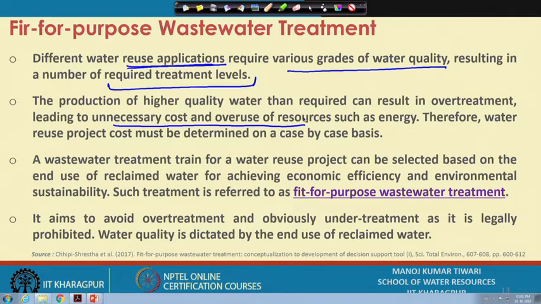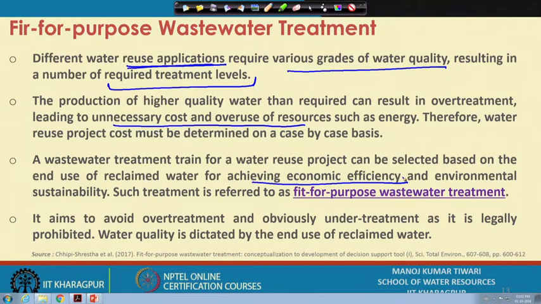Therefore, the water reuse project cost must be determined case by case. If our ultimate objective is irrigation, what level of treatment should we provide? If it is industrial reuse, what level? And if it is potable water supply, what degree of treatment should we provide?